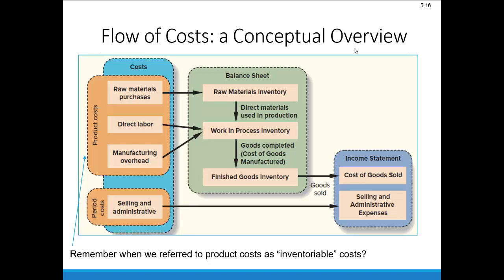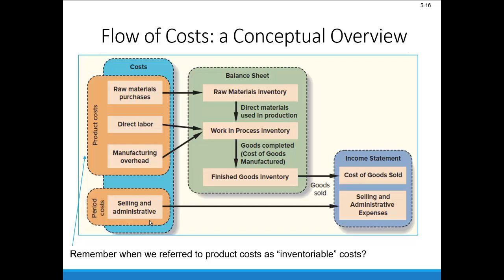So there's this handy little picture in your textbook that I like to bring into the notes as well, because I think it does a nice job of showing this high level flow of costs. If we look at our costs on the left hand side here, we've got our product costs at the top, raw materials purchases, direct labor, and manufacturing overhead costs. And then down here we've got our selling and admin costs.